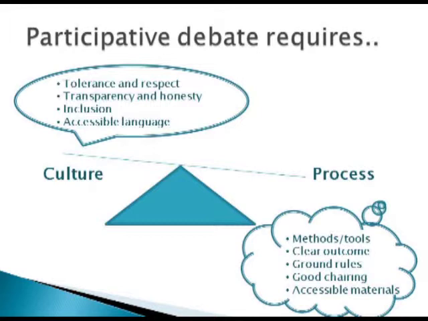There's a need for transparency and honesty. There's a need for inclusion, however hard that is. And there's a need for using an accessible, transferable language that we all understand. And I think that good participative debate is a balance of those 2 elements. And I think we've developed a model that addresses both of those, and I'll just take you through those 2, the process and the cultural elements.